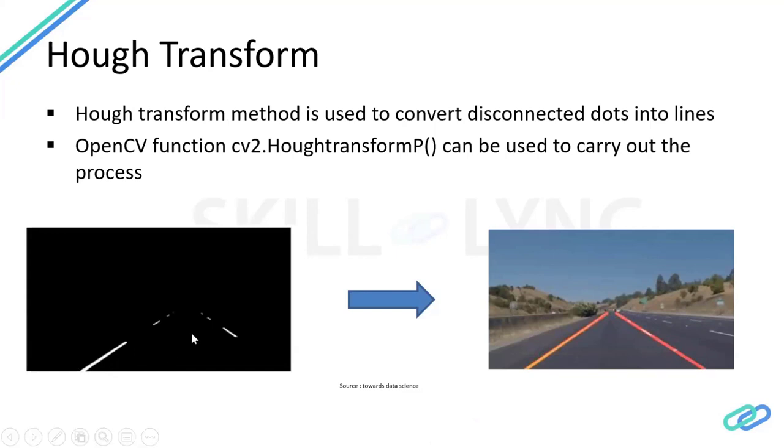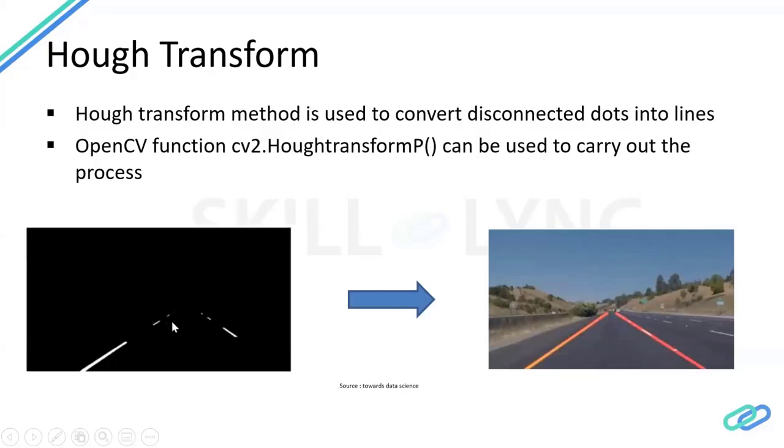This is more like an illusion, but that's not the case. As you go ahead on the same road, the distance between them is most likely going to be the same. And so Hough transform enables us to connect these points that don't seem to be connected. The explanation of Hough transform is out of the scope of this webinar.